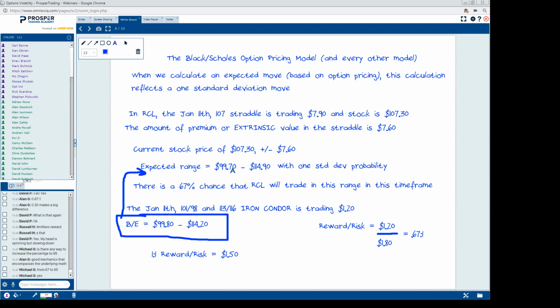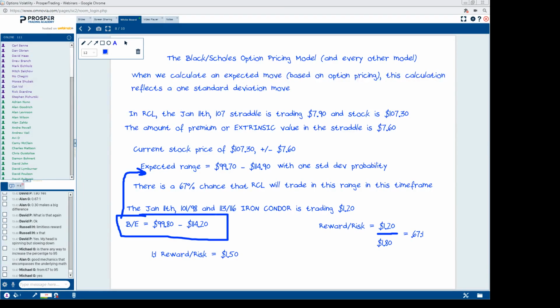But remember, if we go out and make a trade, whatever the trade is, iron condor, call spread, whatever it is, that theoretically has a 95% chance of winning rather than a 67% chance of winning, what should that do to the price of our spread?